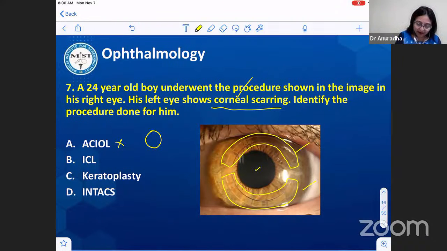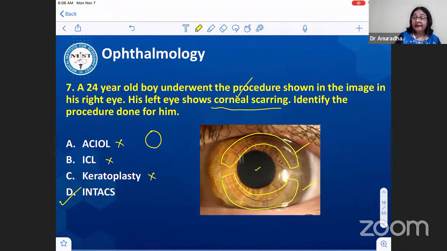So this is not ICL again, which is put behind the iris. So is it keratoplasty? No, keratoplasty is corneal transplantation. So this is not keratoplasty. Yes, those who have marked Intacs, this is the right answer.